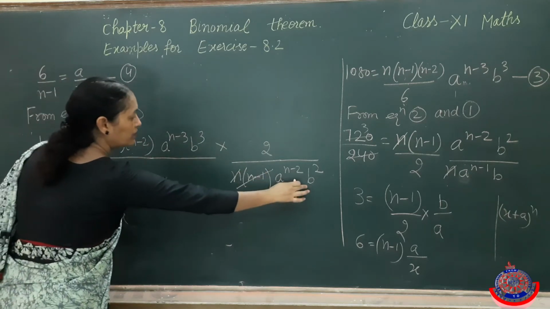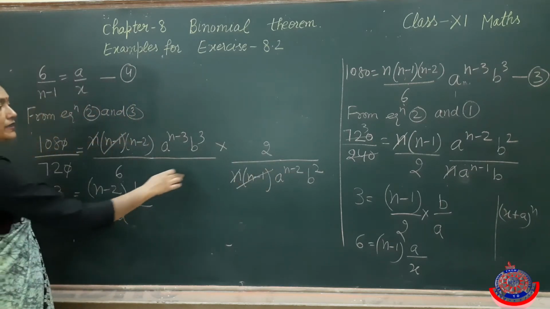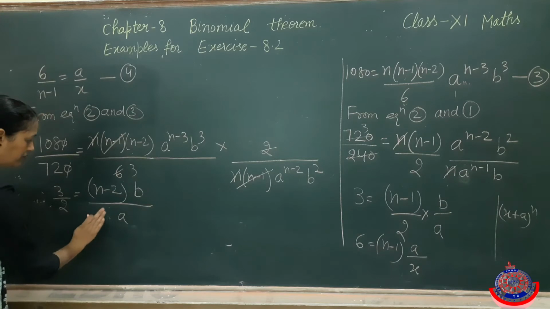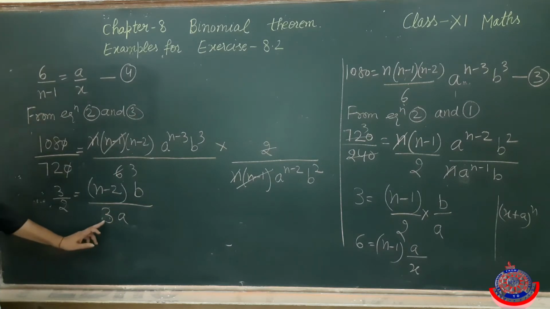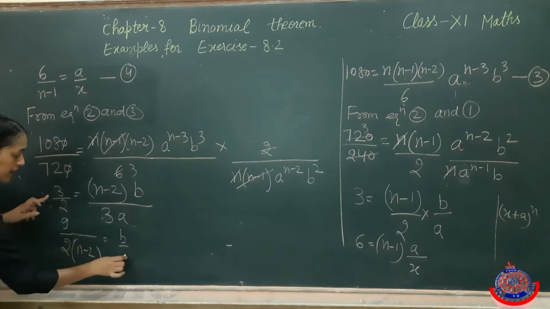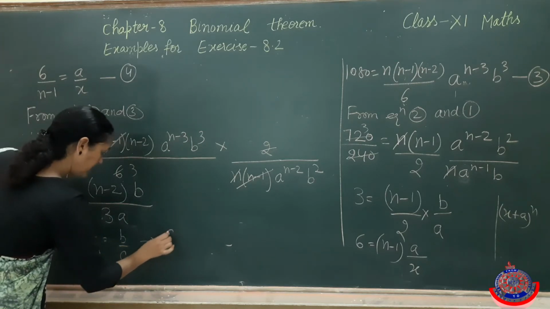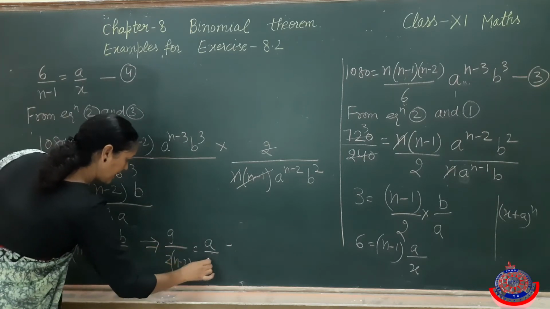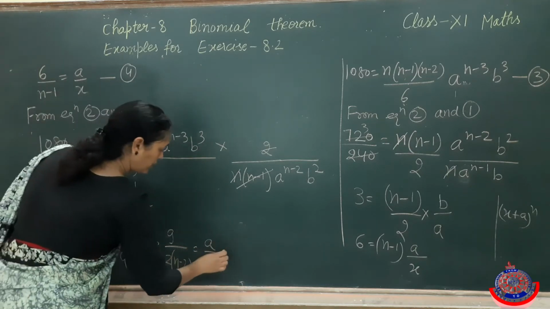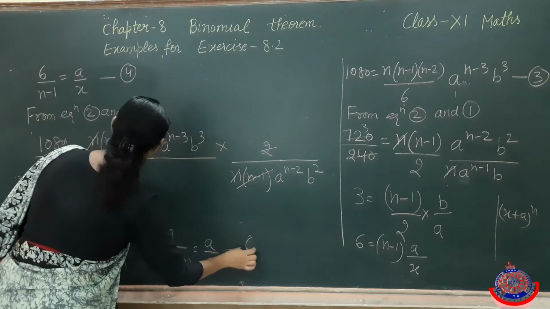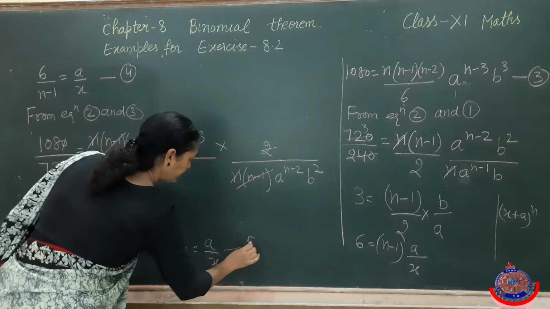Then b^3 with b^2, b will be left. The 2 and 6 got cancelled, giving 3. Shifting, we have 9 upon 2 into (n minus 2) into b upon a. According to the question, b we take as a and a as x. So one more value of a upon x we obtained. Earlier we considered the fourth, now this will be the fifth.